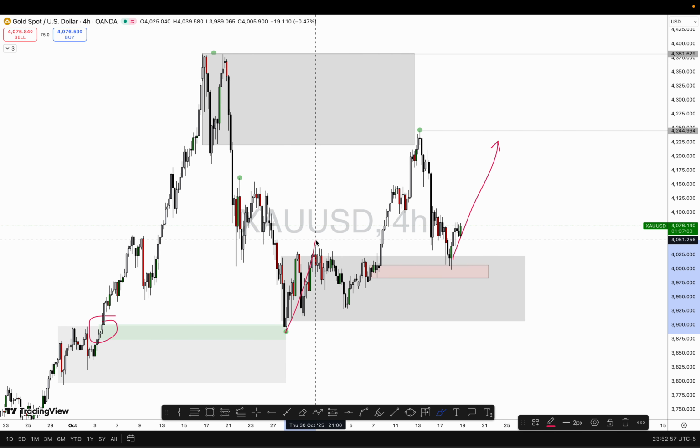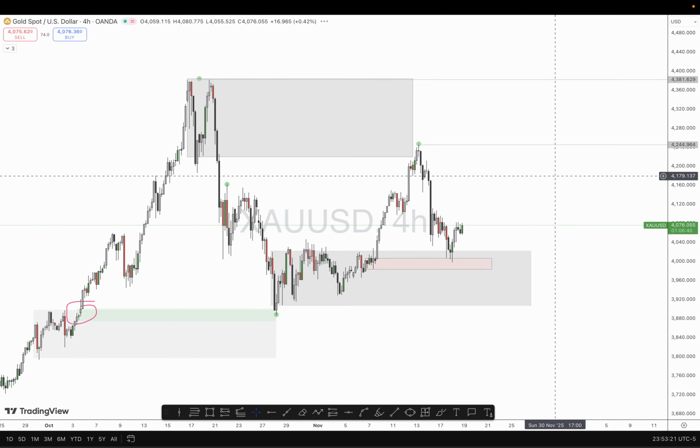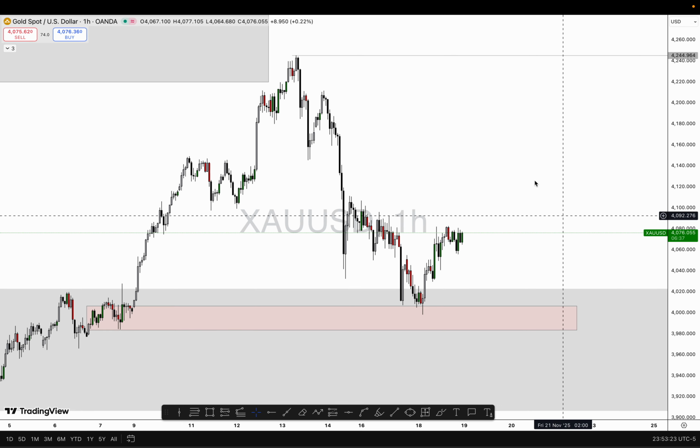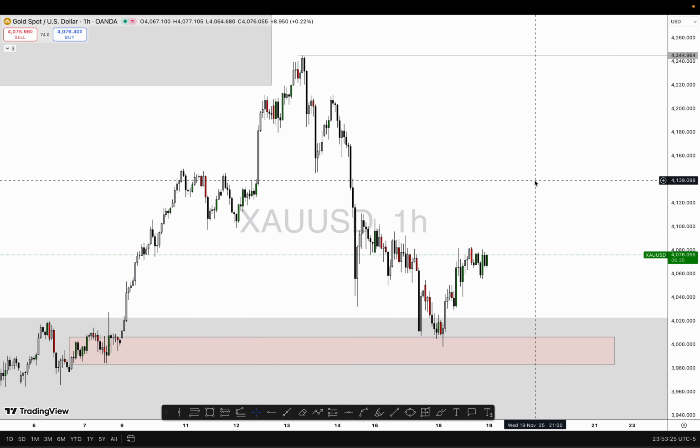So let's go down to the 1-hour now. On the 1-hour time frame, is this a pullback?